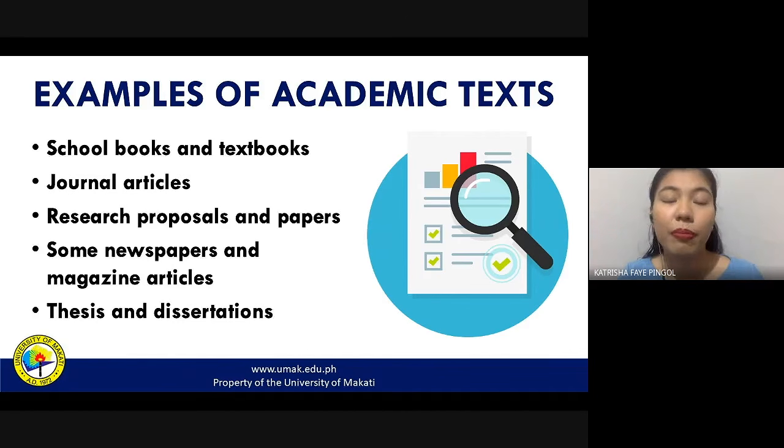Okay, broadsheet newspapers might contain pieces or articles that are academic in nature, and some magazines as well, like National Geographic, science magazines, and so on and so forth. Okay. Theses and dissertations are also considered to be pieces of academic text.